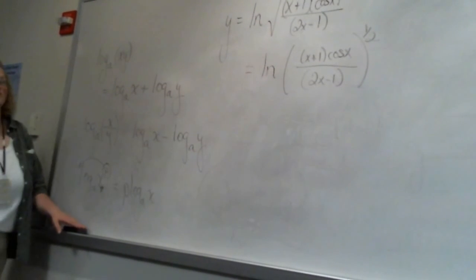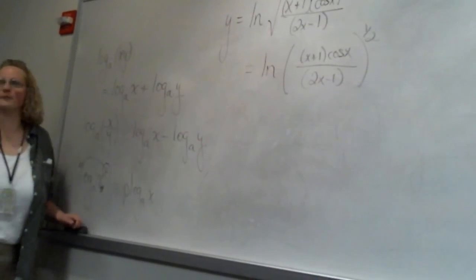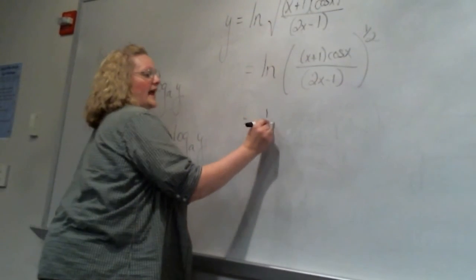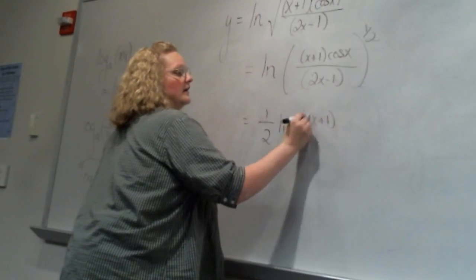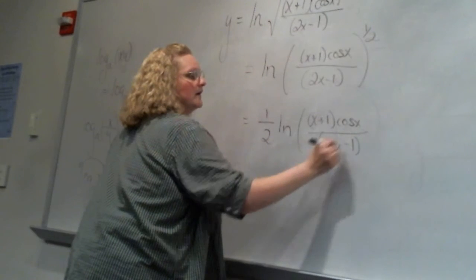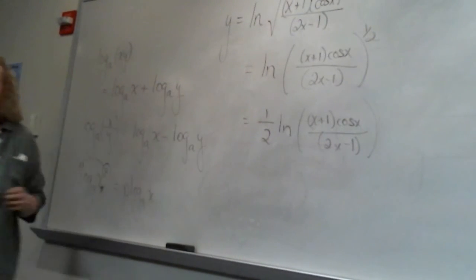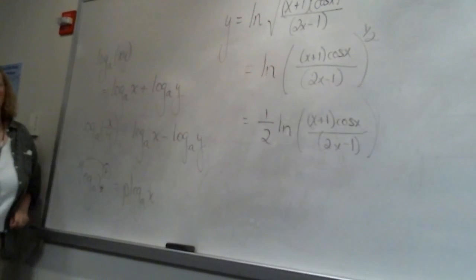But what can I do with a half power? Put it out in front of my logarithm. So this is now 1/2 the natural log of that stuff. Okay, so I've gotten rid of one chain rule.